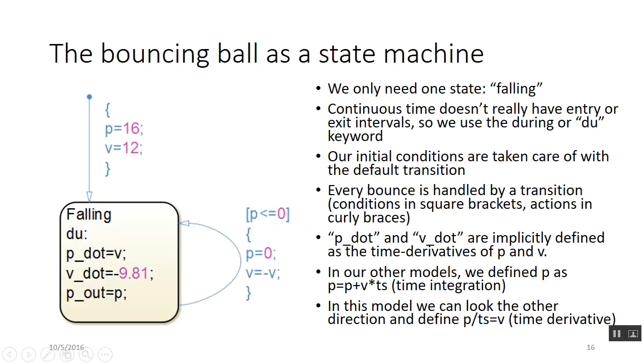So if you think about that and rearrange this equation a little bit, intuitively, you can say this is just saying that velocity is equal to the time derivative, P over T, the change in position over time. I don't want to get into trying to teach the fundamental theorem of calculus.